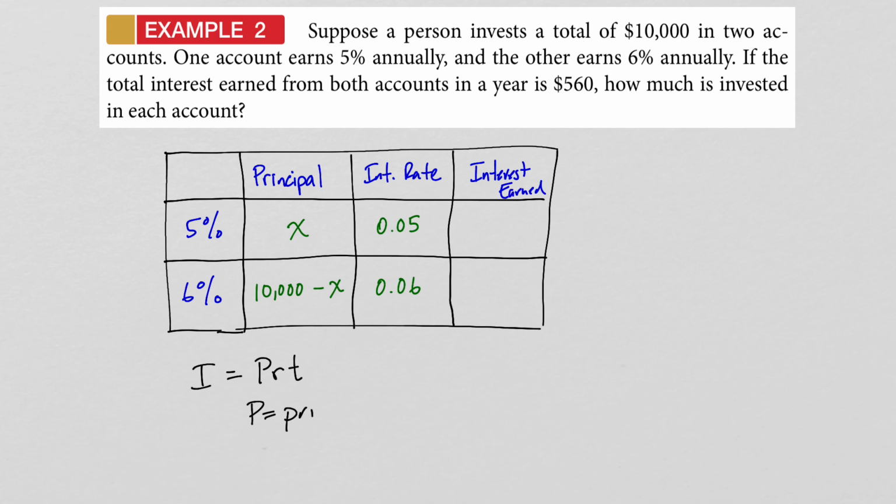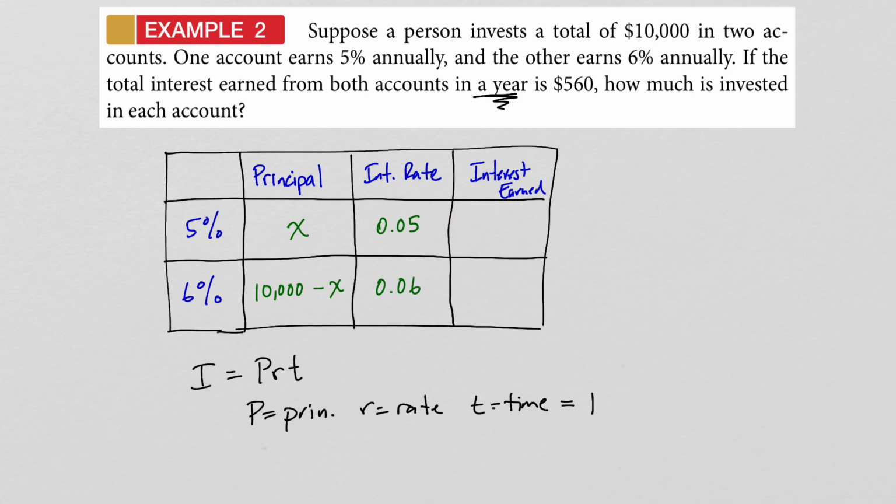So again, P is principal, R is the interest rate, and T is the time. And for this problem, we know time is equal to 1 because it does say in a year. Okay, so only 1 year. So to get the interest earned, we have to take the principal, multiply it by the interest rate, and then multiply it by time, but time is equal to 1.